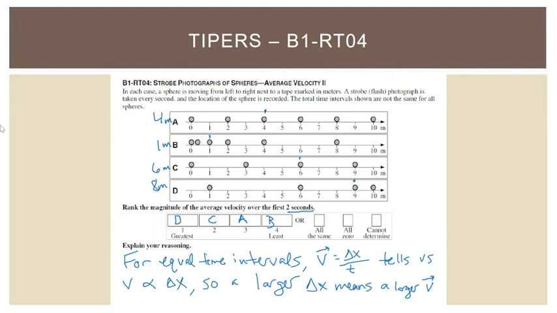Because like if I go 10 meters and you go 5 meters, that doesn't necessarily mean I have a larger velocity. That would only be true if the times during which we experience those displacements were the same. Because if I go 10 meters in 4 seconds and you go 5 meters in 1 second, you're actually going twice as fast as me.